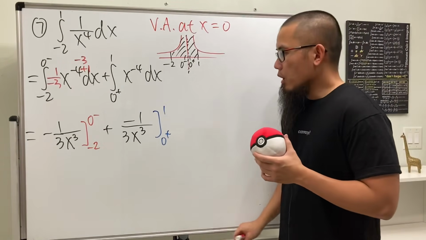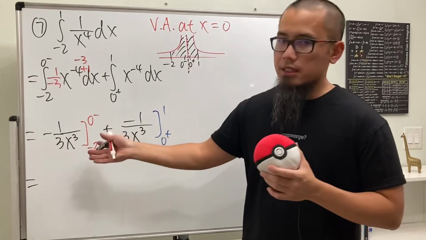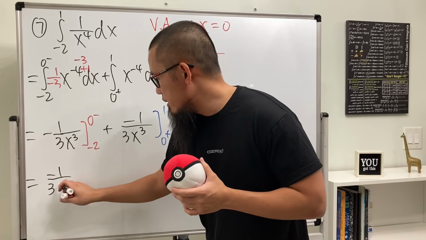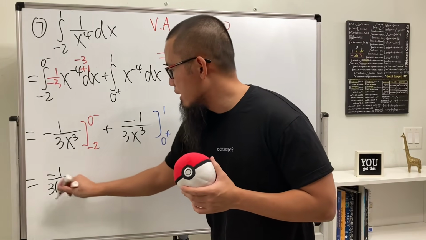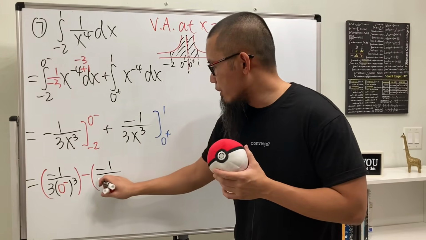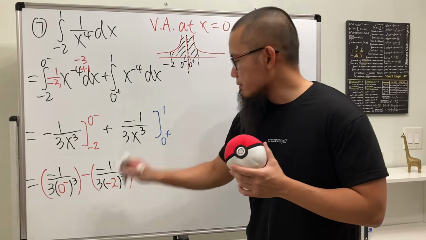All right, let's do the plugging. For this, plug in 0 minus first, and we get -1/3 times 0 minus to the 3rd power. That's the first term, minus the second term, -1/3 times -2 to the 3rd power.